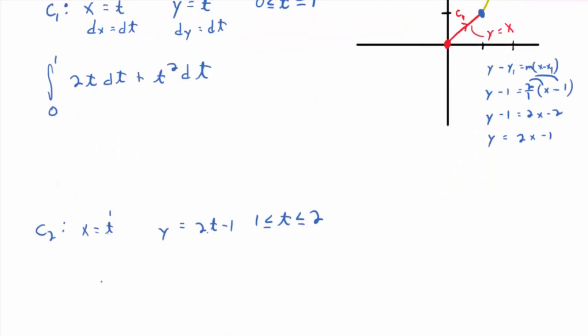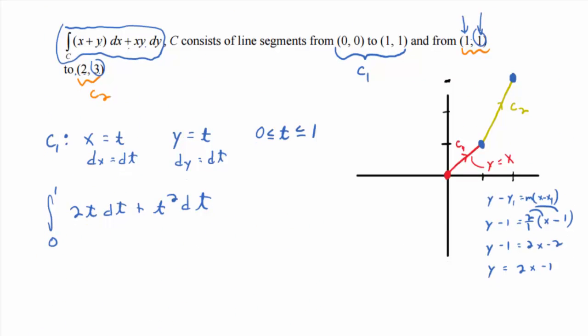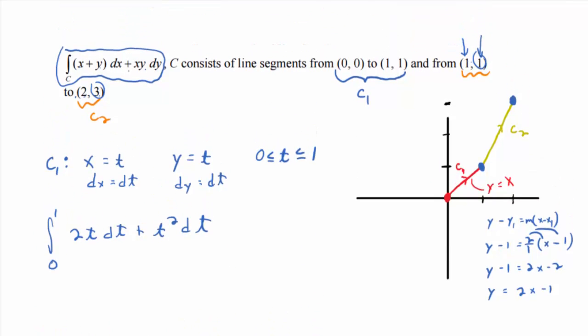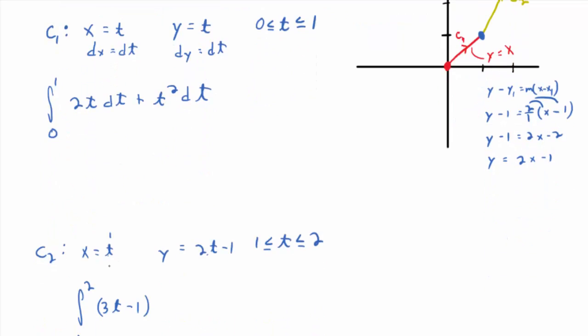And then for this one, we're filling in the same formula, right? So what's x plus y? Integral from 1 to 2 this time. X plus y would be what? T plus 2t minus 1. So 3t minus 1. And then dx would be, in this case, the same thing, right? dx is dt.